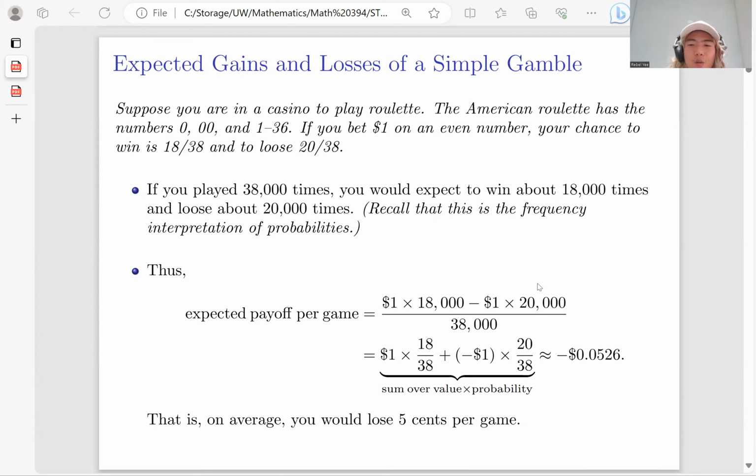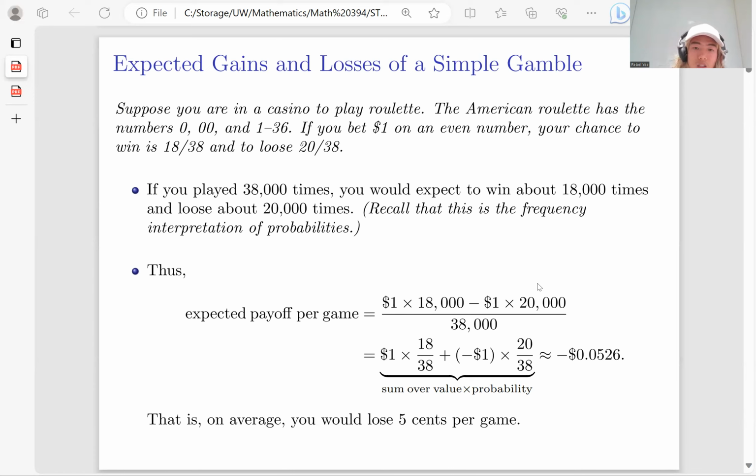If that were the case, then you would have a 20/38 chance to win, but only an 18/38 chance to lose, and that would cause the game company to go bankrupt. So they count 0 and 00 as odd numbers. That's an odd rule for setting up the game.